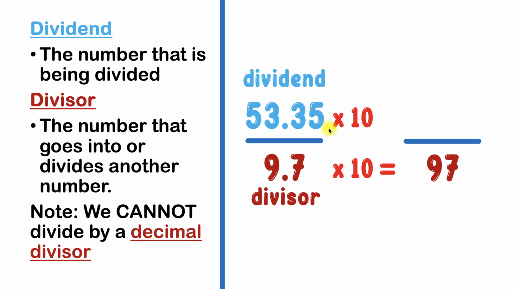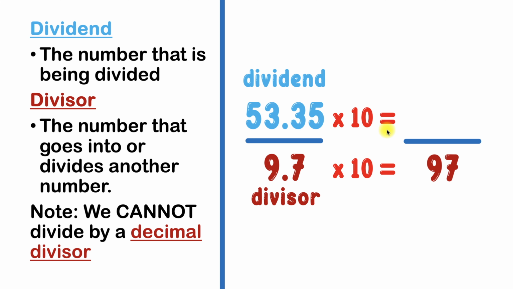And remember, anytime we multiply by a power of 10, whether it's 10 or 100 or 1,000, the number of zeros tells you how many times the decimal point moves to the right. Since we're multiplying by 10, which has one 0 in it, we're going to move this decimal point one place to the right. So what do you think our new number will be?